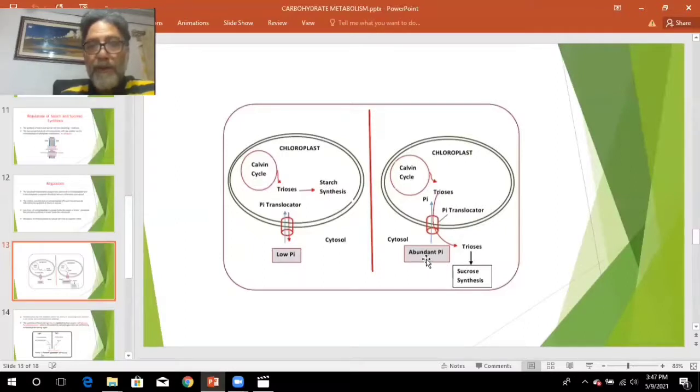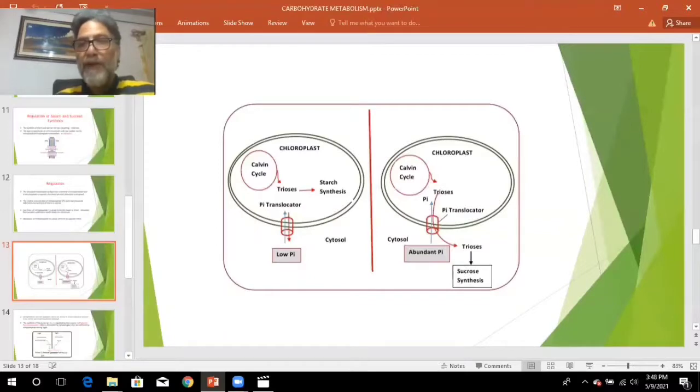Now, if there is abundant inorganic phosphate, or orthophosphate, present in the cytosol, what will happen? That will go through the antiporter inside and triose phosphates will come out. And those triose phosphates will be utilized for the synthesis of sucrose.